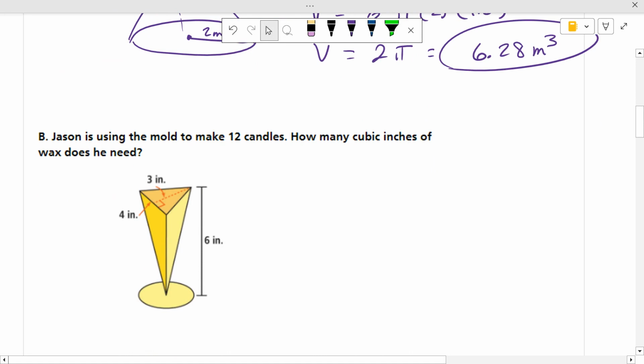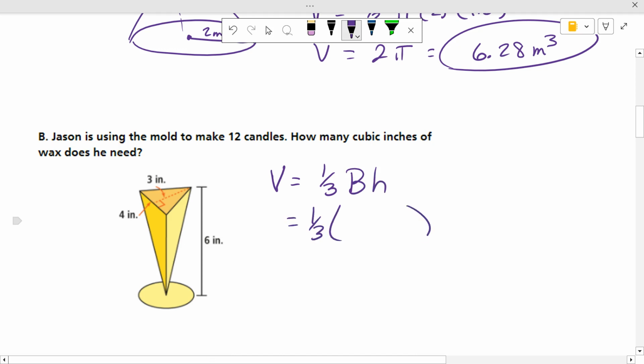Jackson is using a mold to make 12 candles. How many cubic inches of wax does he need to fit into this mold? Okay, well, the volume of a pyramid is 1/3 the area of the base times the height. Well, this base is a triangle. The area of a triangle is 1/2 of, in this case, 3 times 4.